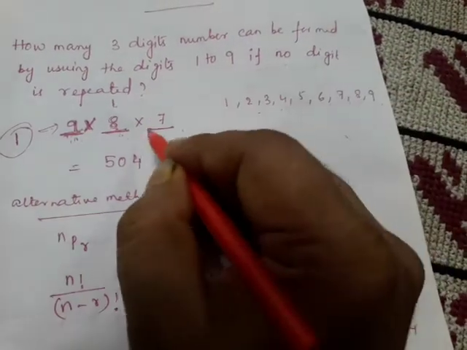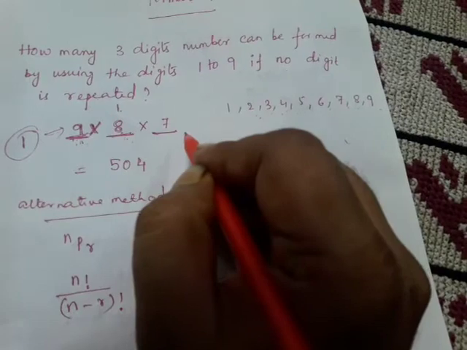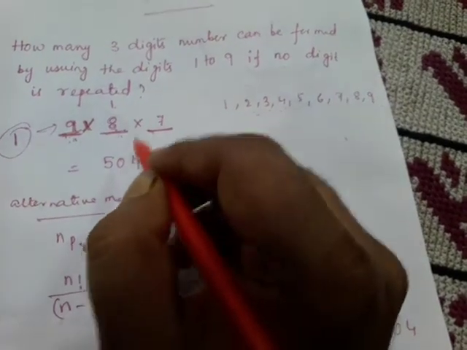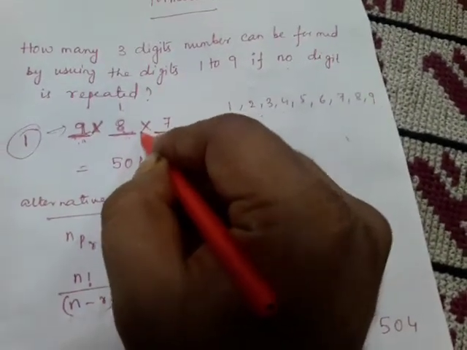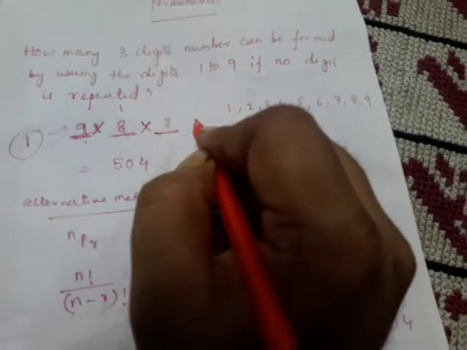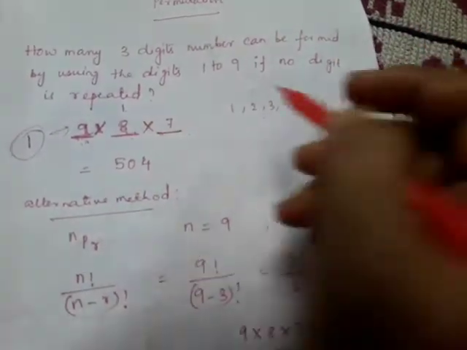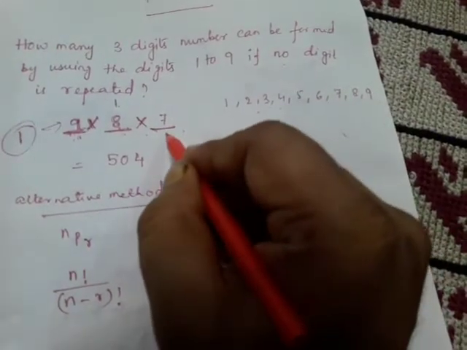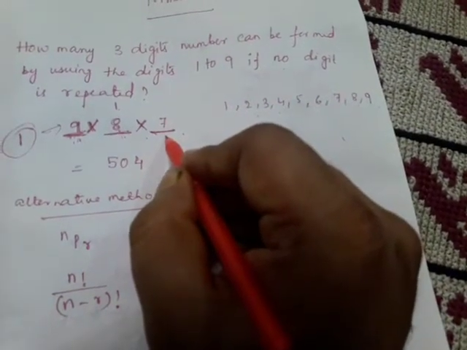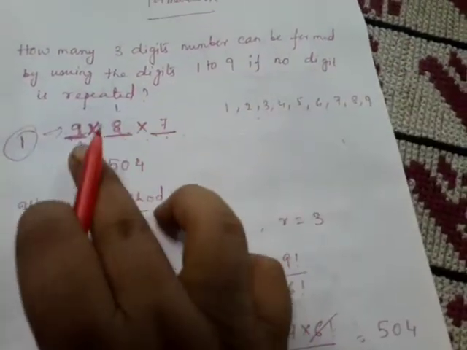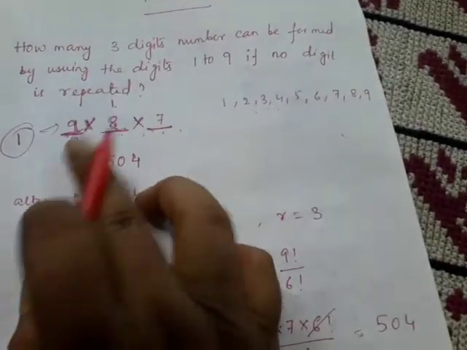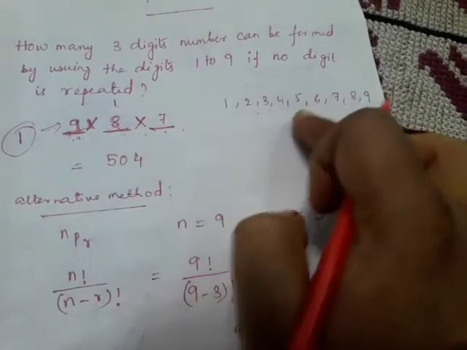Clear? Again, the work is incomplete, so we have to make a 3 digit number. So incomplete means you will give multiplication signs when there are incomplete things happening. So into, now for this last place, how many digits are left? 2 digits are already utilized, 1 digit here, 1 digit here, from 9 digits available.